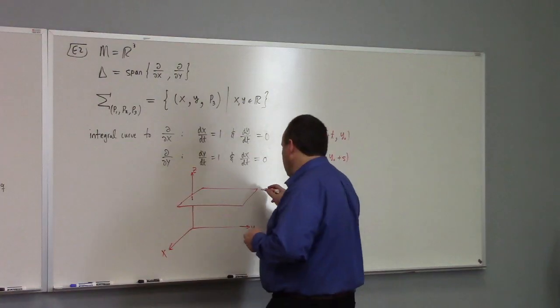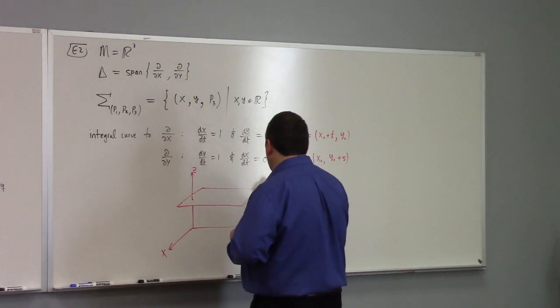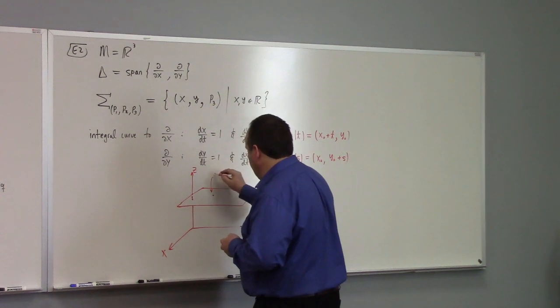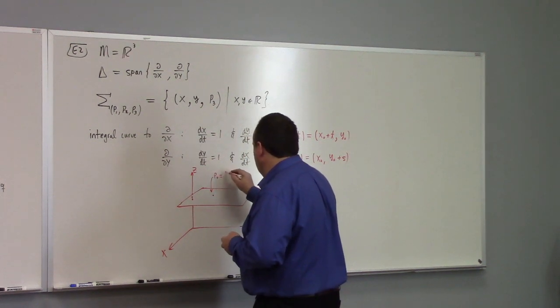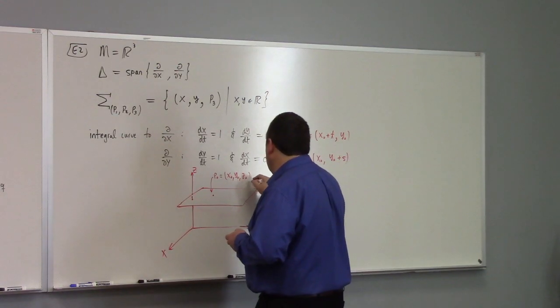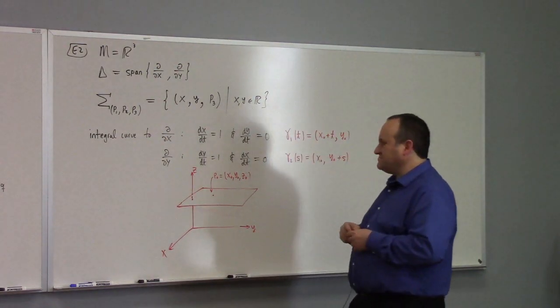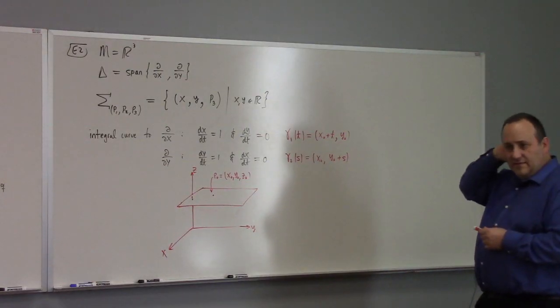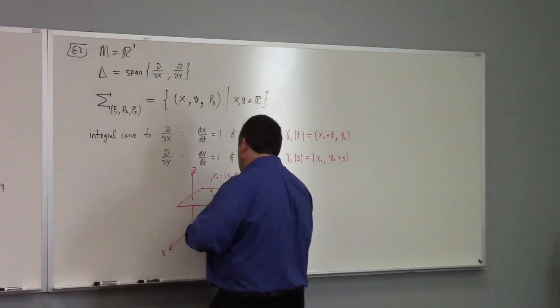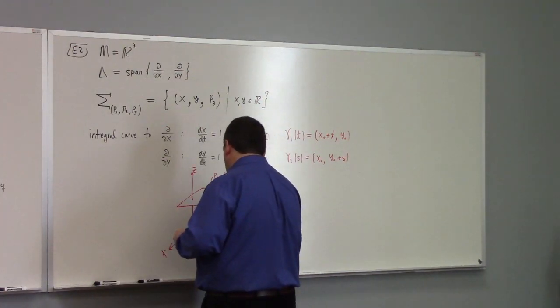So I'm talking about if we pick a point here, p naught equal to x naught, y naught, z naught, I guess, is my current language. Then the integral curves through that are just this, right?